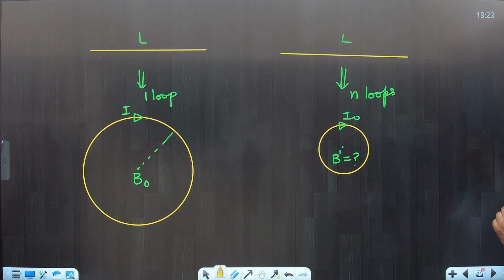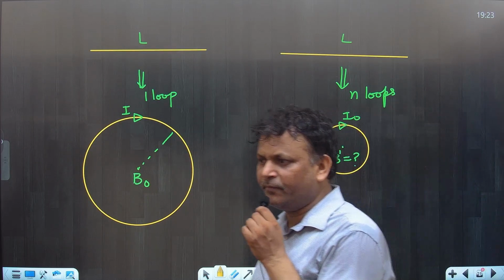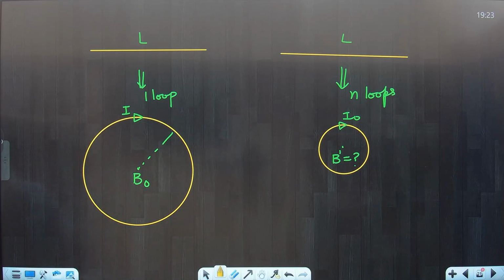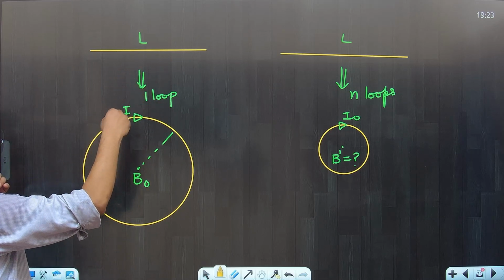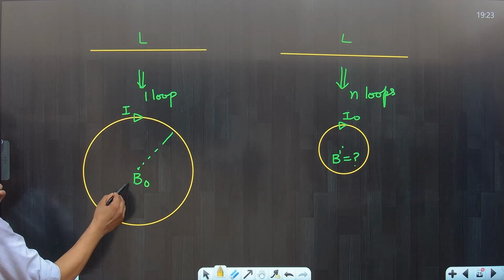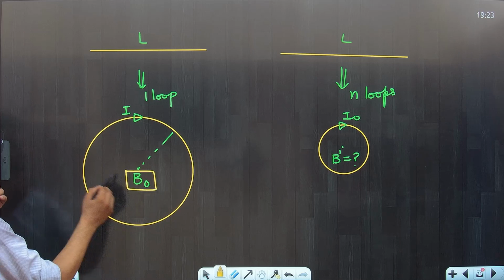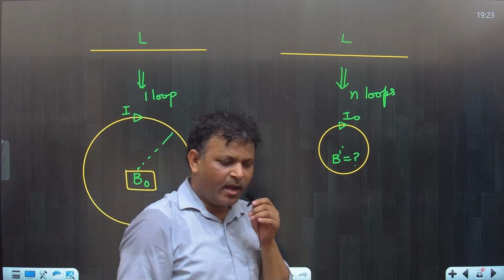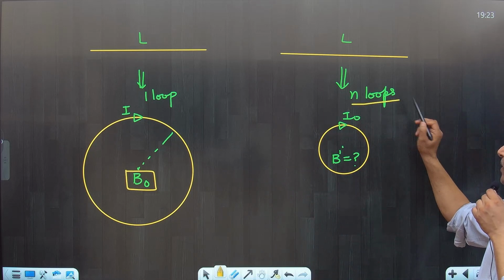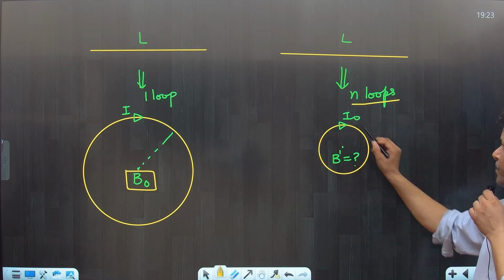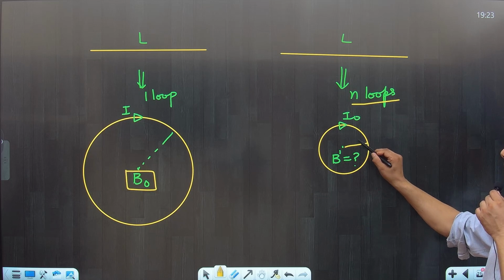Now it is a very important question. It has been asked many times in various competitive exams. See, there is a wire of length L. From that wire you are making one loop of the circle, and magnetic field due to that is B0. Now you have made n loops from that wire, so its radius will be R by n.